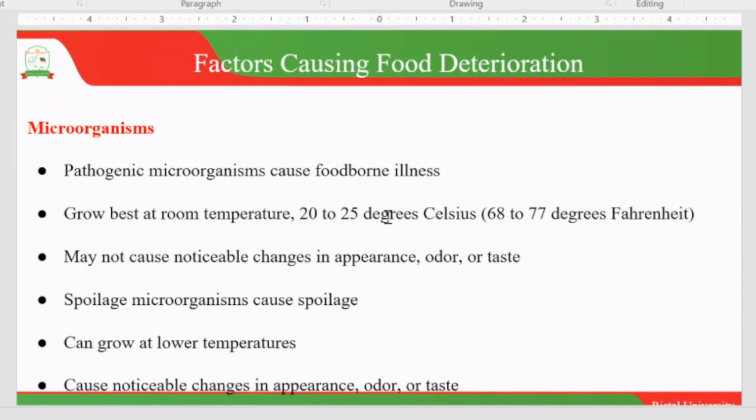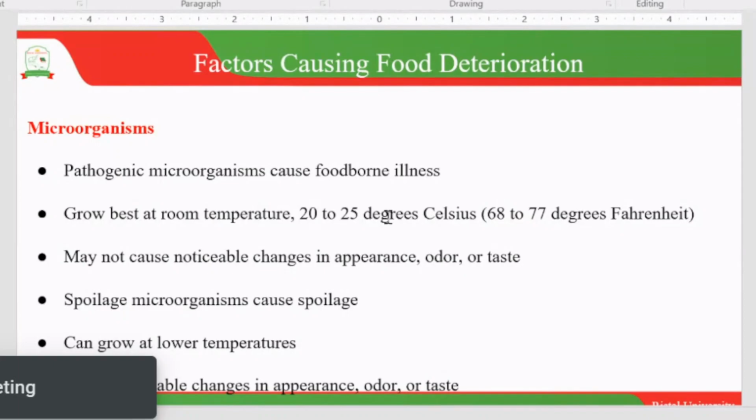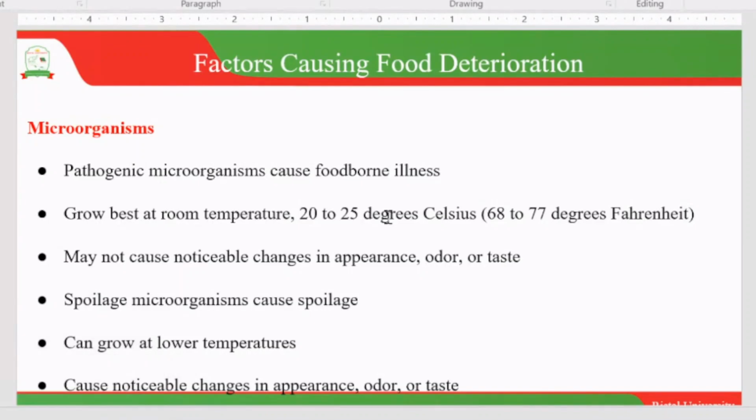We are saying these microorganisms grow at room temperature, and really we are talking about those temperatures at which the average human being feels comfortable, around 20 to 25 degrees Celsius, which is roughly 68 to 77 degrees Fahrenheit.